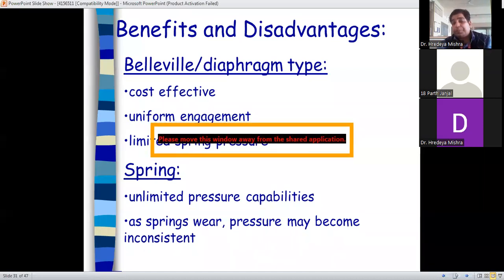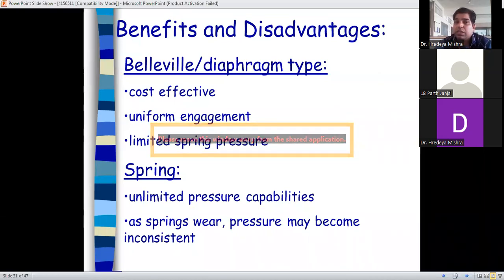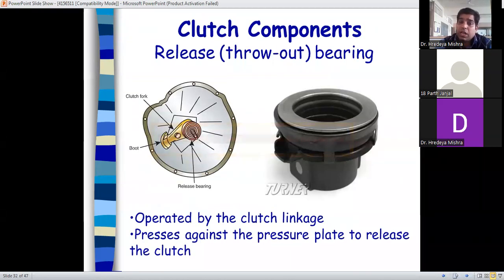Means what happened? The uniform engage and disengage is there, but there are different springs, not a single spring. So what happened? The pressure difference must be there. Okay, so this is the disadvantage of the spring.